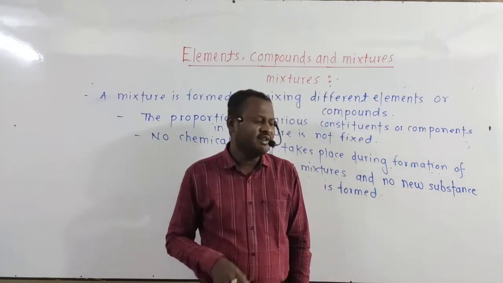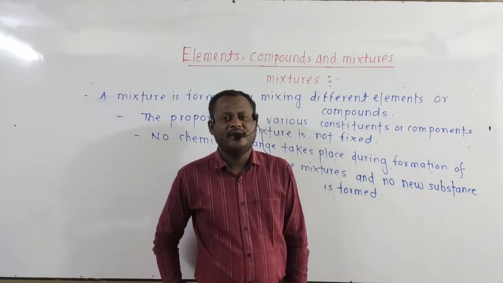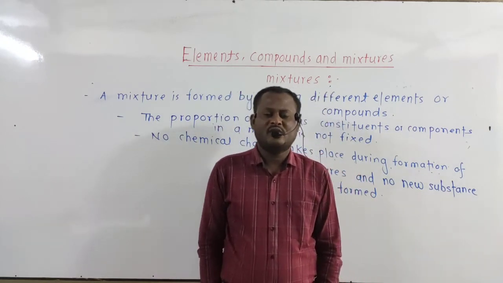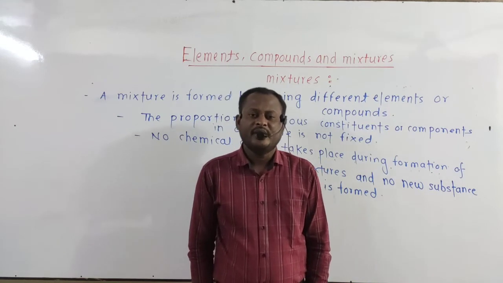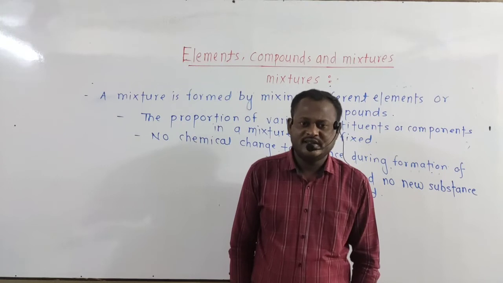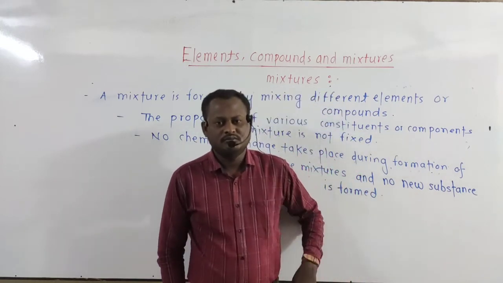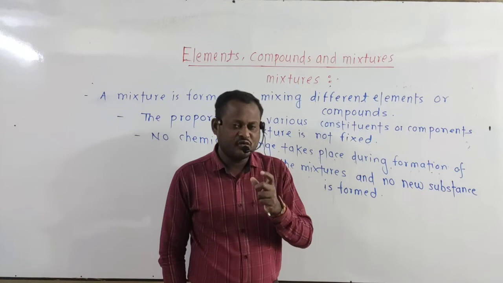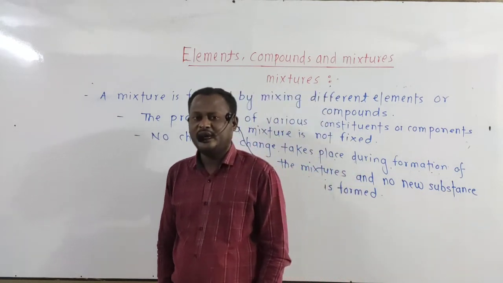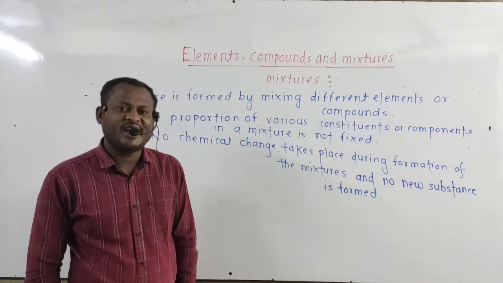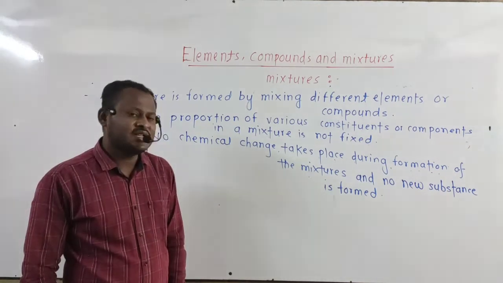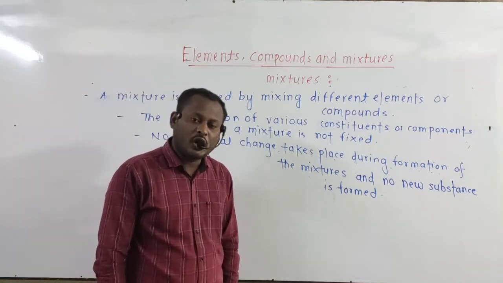Their target is to earn more profit, and this is called adulteration of food. The mixture of grains and stones is not useful to us. We have to separate these stones from the grains. That's why some mixtures are useful and some mixtures are not useful.